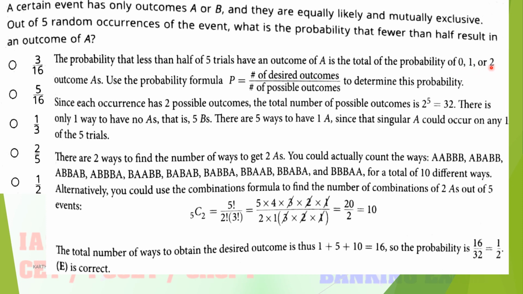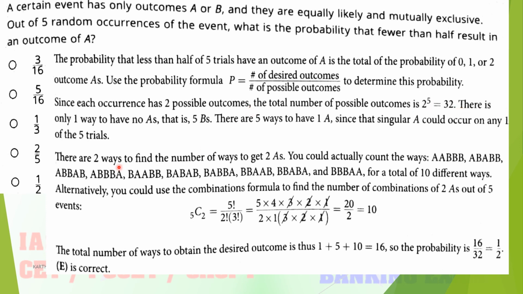How many ways is it possible? That you have to determine. P is equal to desired outcomes divided by possible outcomes. First, the possible outcomes: A or B to the power of 5, so 2 to the power of 5 is 32. 32 ways are possible.